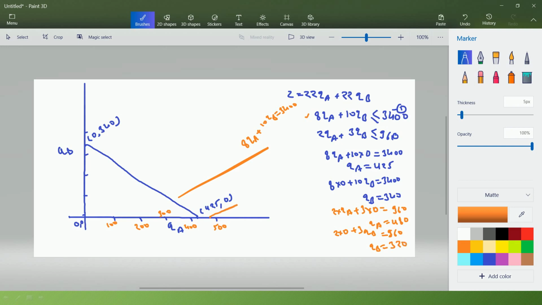This point will be 480, 0, and this point will be 0, 320. This will be the line 2QA plus 3QB equal to 960. As the criterion is less than or equal to, we will have this area under the curve.